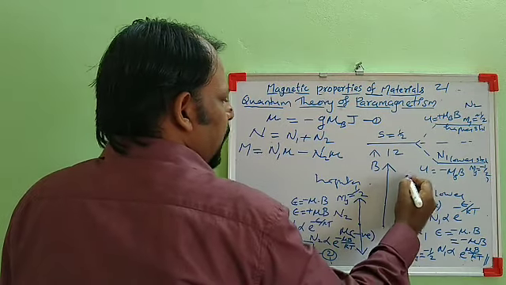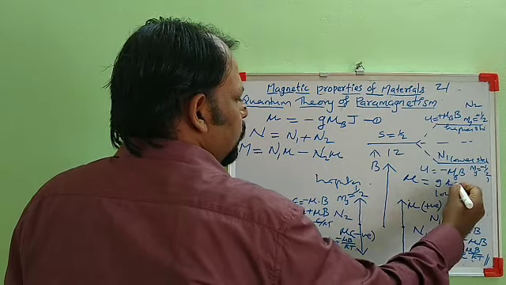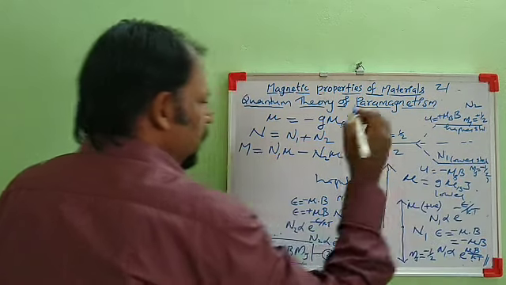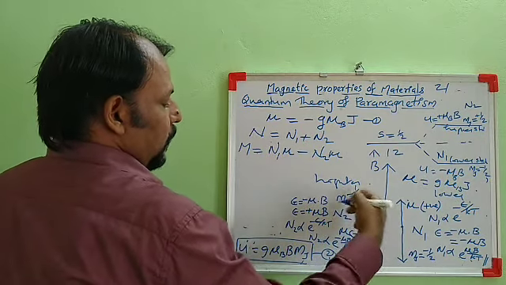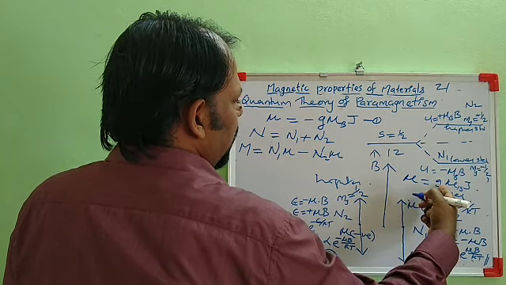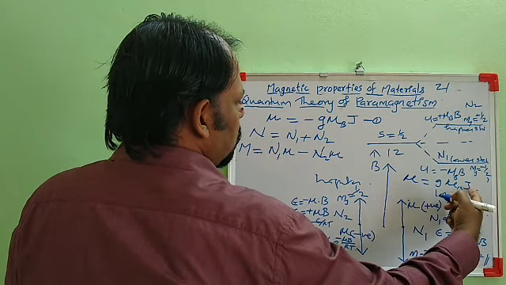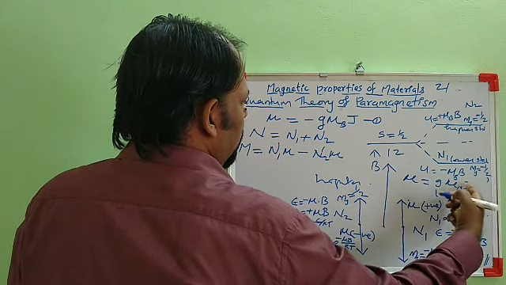Here the magnitude of this magnetic moment will be g mu B J. Now, in this case, we are considering S equal to 1 by 2, L equal to 0, so J equal to S, which is 1 by 2, and g equal to 2. So 2 into mu B into 1 by 2.